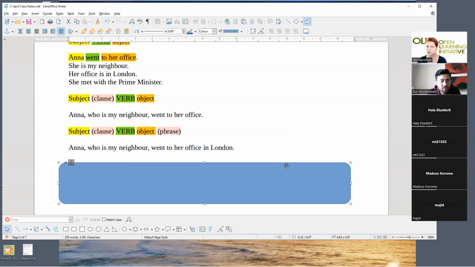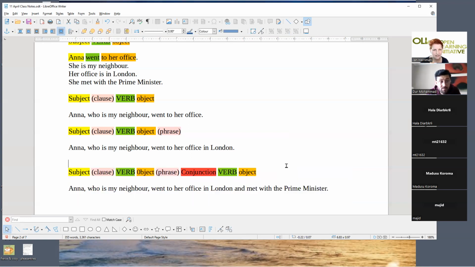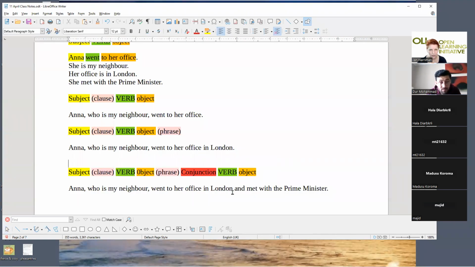So we could use another prepositional phrase: to meet with the prime minister. Or we can use a conjunction, and then we need to keep the verb. Okay, but let's go ahead and do the other one because I really liked that as well.